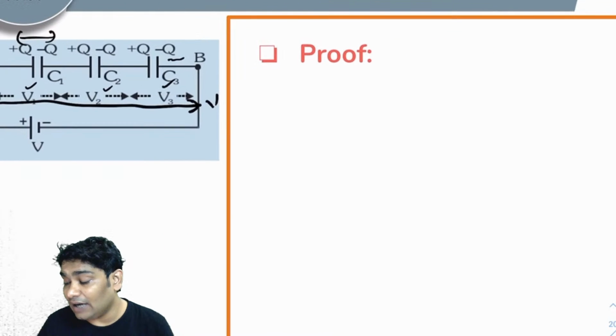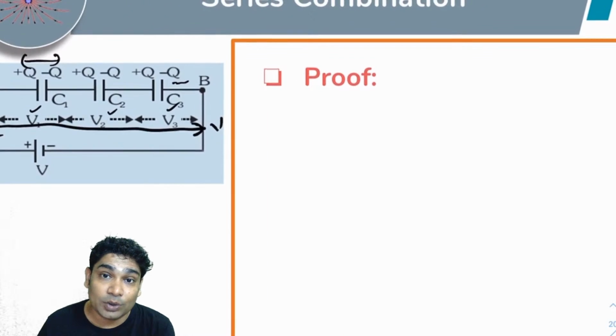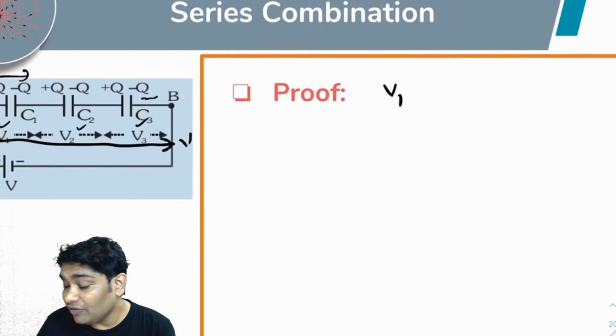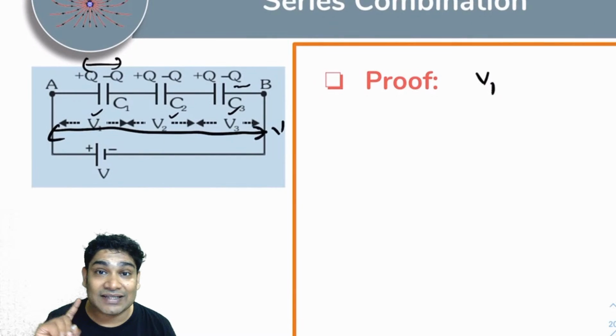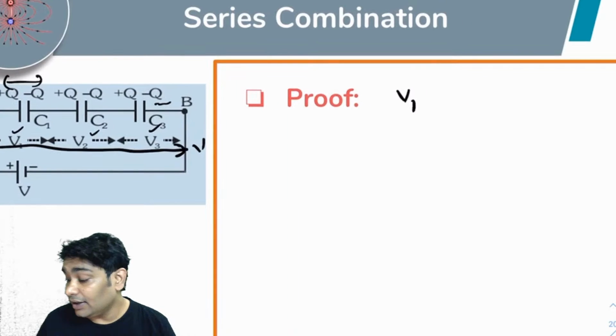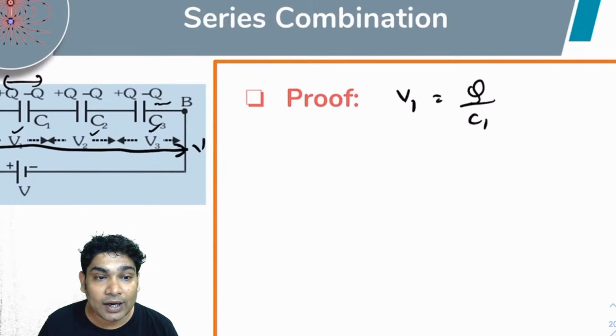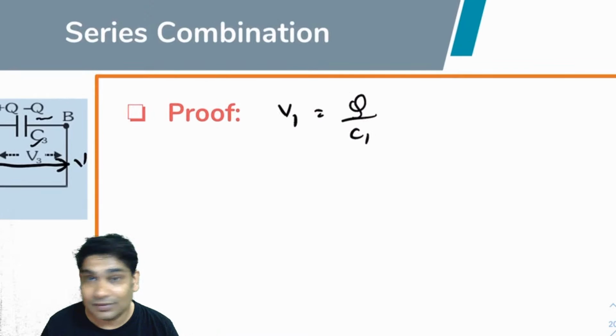So from the equation Q equals CV, I can say what is V1? V1, being the potential difference across capacitor number 1, C1, will be capital Q over C1. Alright, I hope everybody agrees with that.